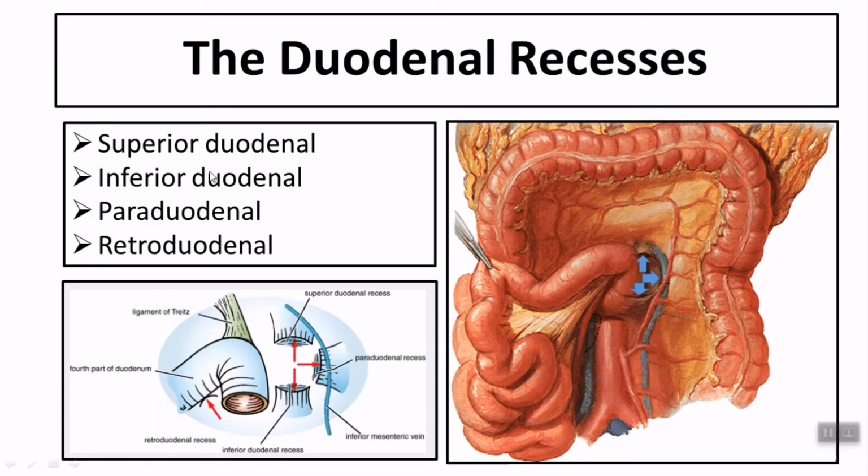These recesses are called superior duodenal, inferior duodenal, paraduodenal, and retroduodenal.